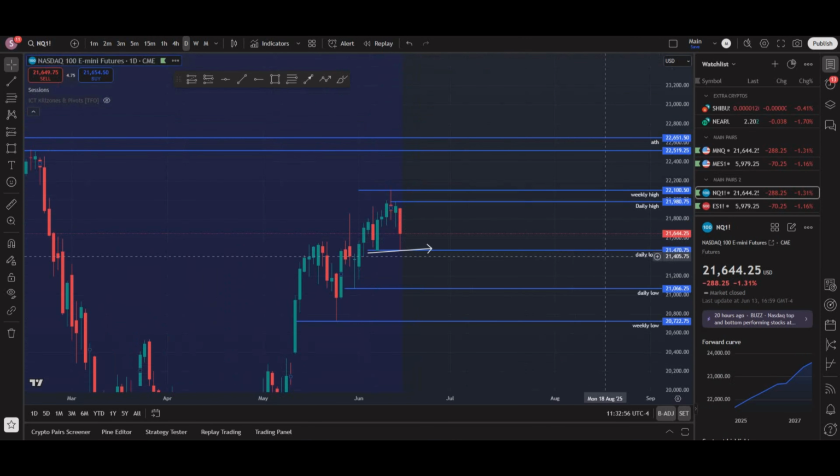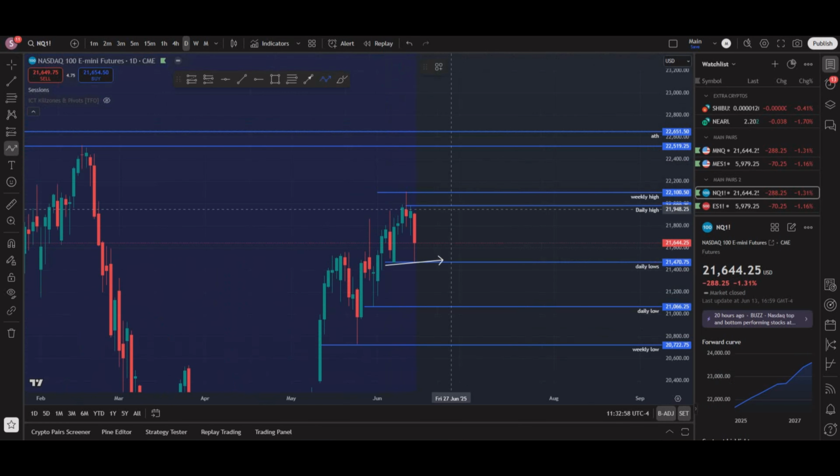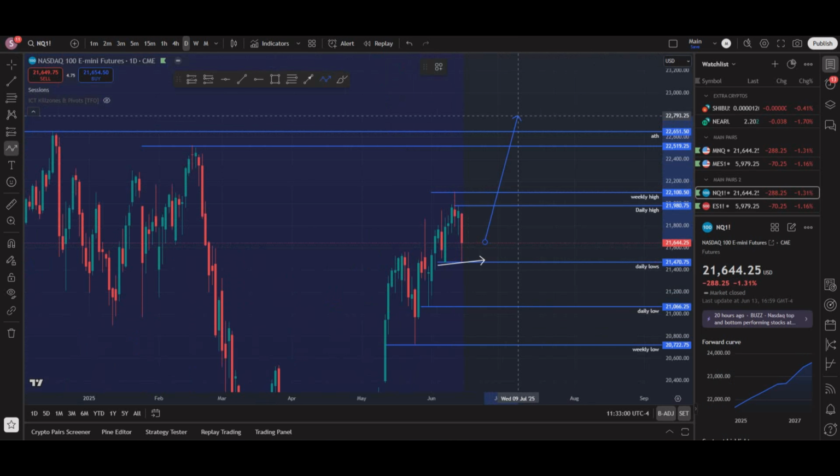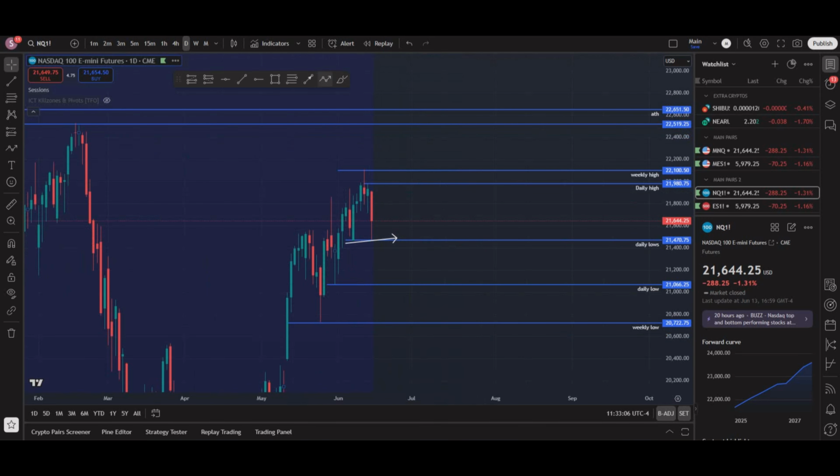So potential scenarios for the week, we could easily just see a continued push to the upside, and we could just see buy side continue to get taken out until the all-time high, right? That's one scenario that could easily play out. Another possible scenario is we have a continued push off this SMT. So this SMT plays out, maybe we sweep out this weekly high, and then we get a dump down to take out all this higher time frame, low resistance sell side liquidity before we continue back up.